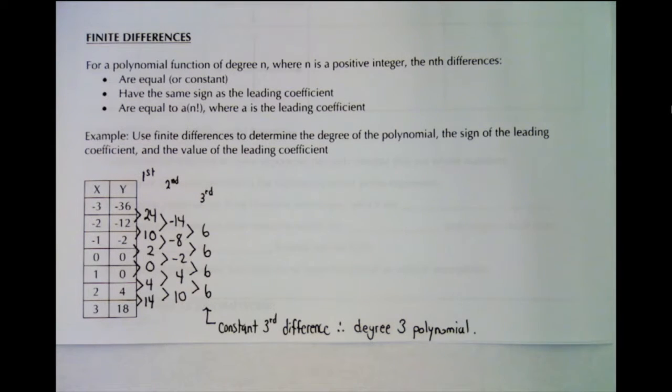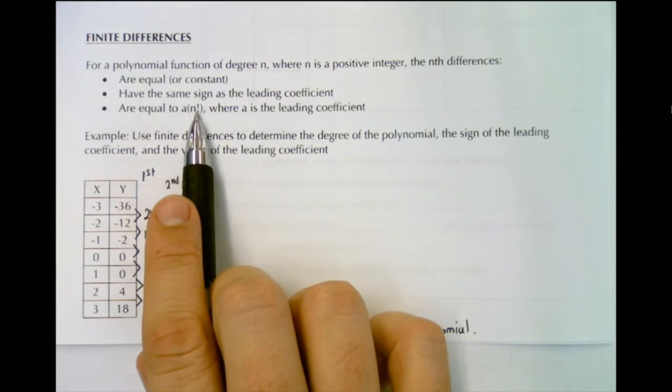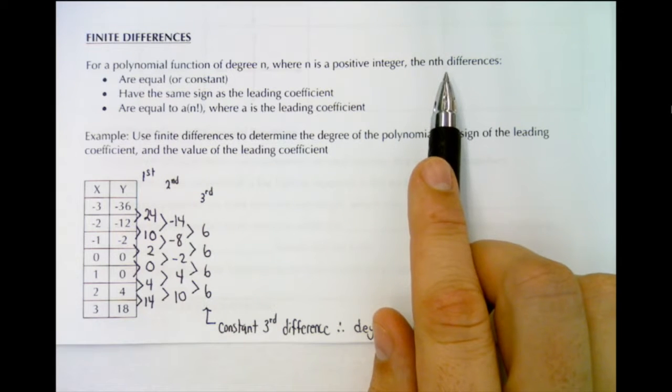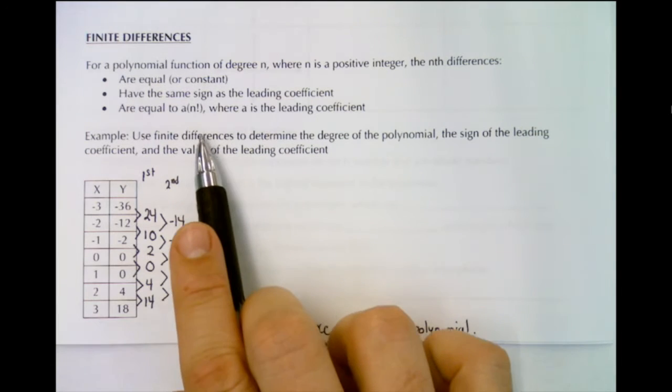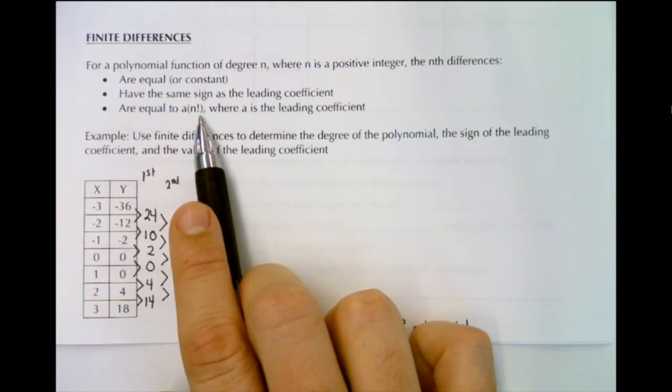And you can actually get even more specific. You can find out what the value is in front of x cubed. Is it 2x cubed? Is it negative 4x cubed? You can do that by using the relationship described here. The nth differences are equal to a times n factorial.